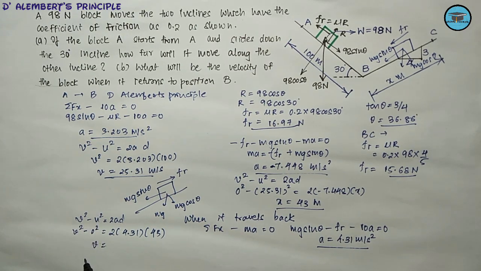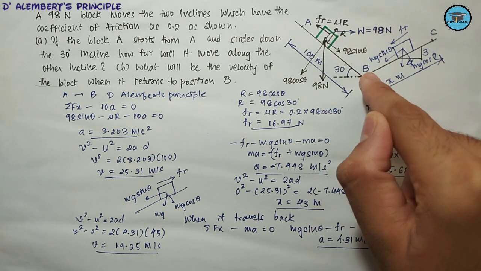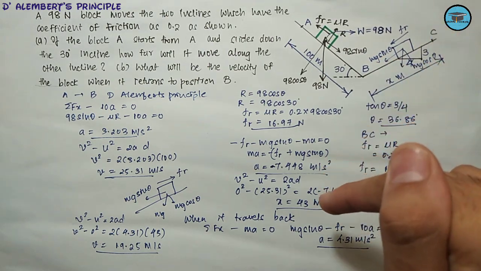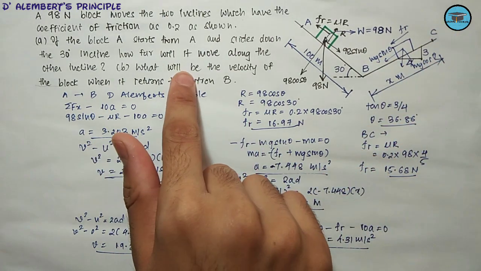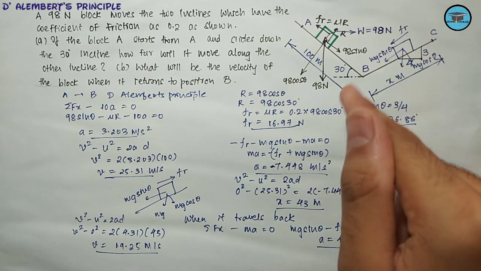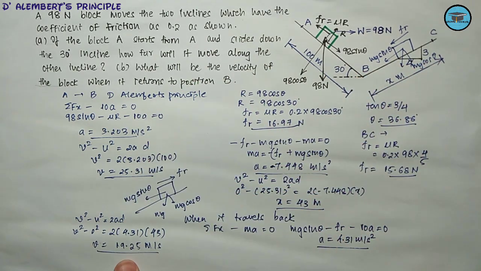From this, the value of velocity comes out to be 19.25 meter per second. So we have determined that the distance traveled by the block A up this slope is 43 meter, and the velocity of the block when it reaches position B is 19.25 meter per second.